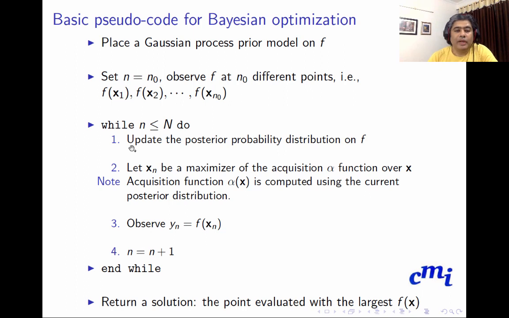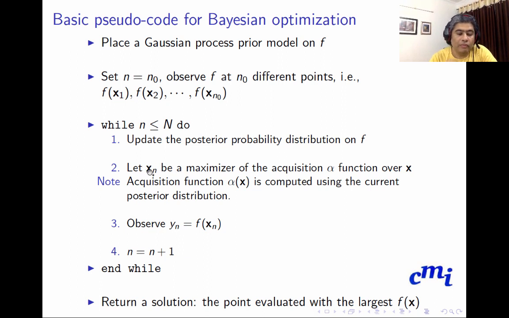Now once you update the posterior probability distribution on f, second, xn is a maximizer of the acquisition function alpha. From the posterior distribution you typically construct an acquisition function.